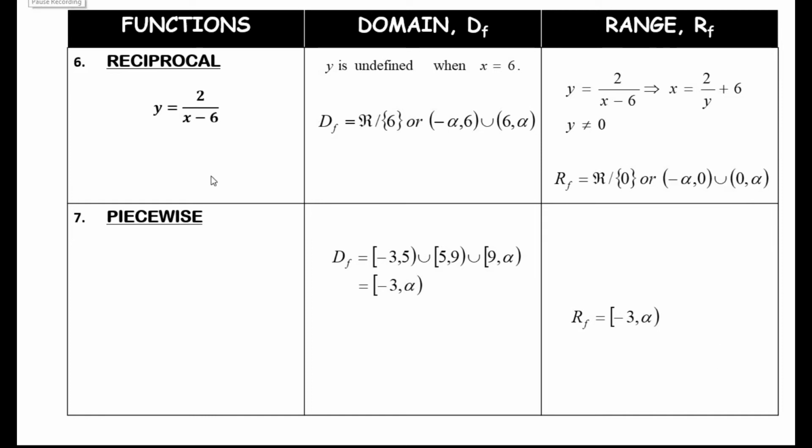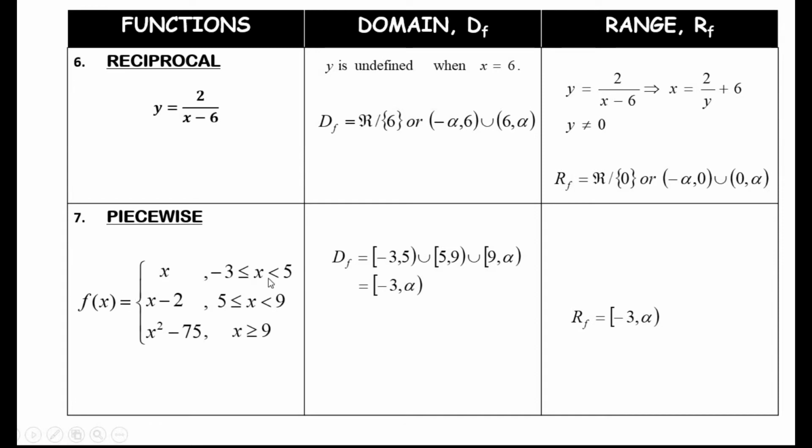So lastly, we have the piecewise function. Let's say we have x for x between -3 and 5, with -3 included, and x minus 2 for x between 5 and 9, with 5 included, and another one, x squared minus 75 for x greater than 9.